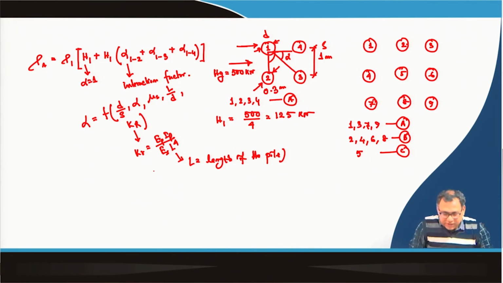So, you will put those interaction factors in, and then you will get the deformation. For example, in this particular case, this is rho A by rho 1. So, I can write H 1 is how much? H 1 is 125.